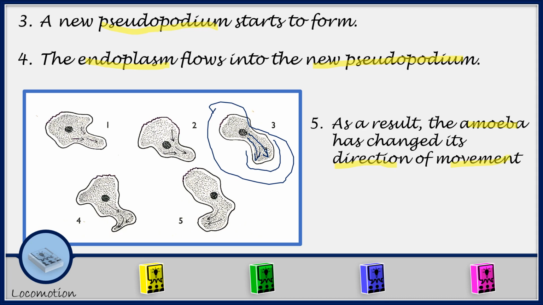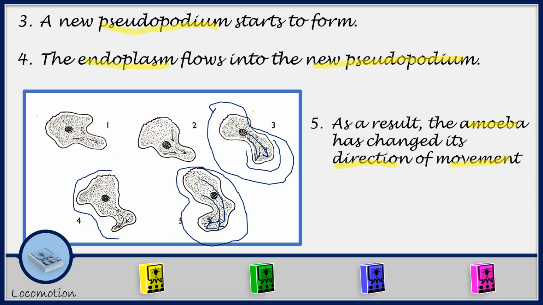When you look at this direction here, because the endoplasm is entering into the pseudopodium, all of the cytoplasm will follow and enter into the pseudopodium, and thereby the amoeba has changed the direction.